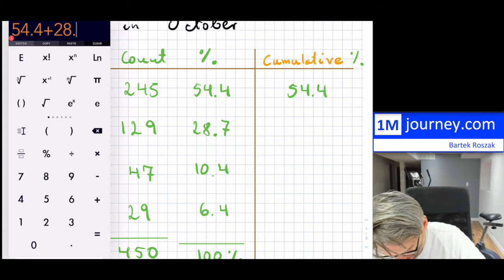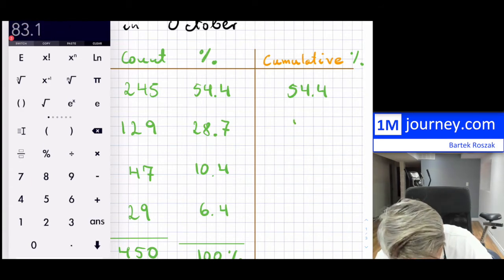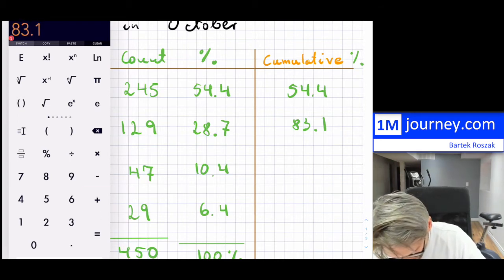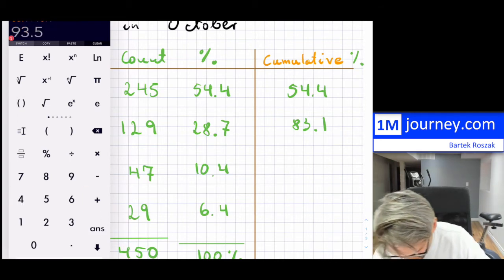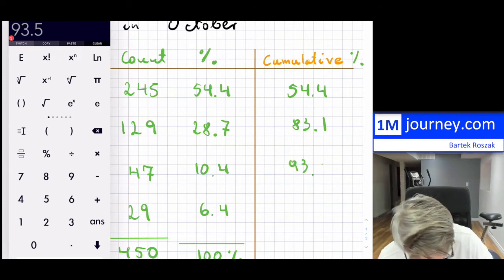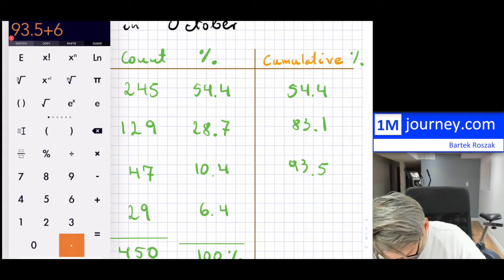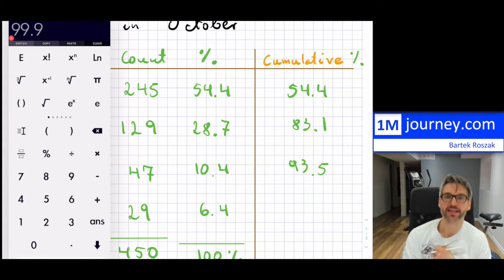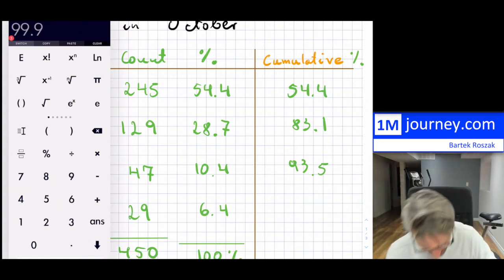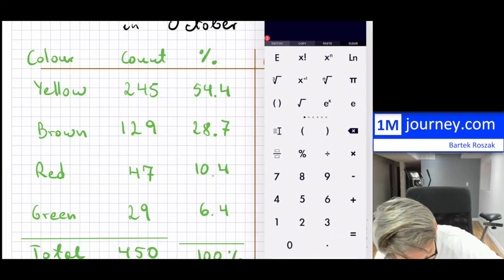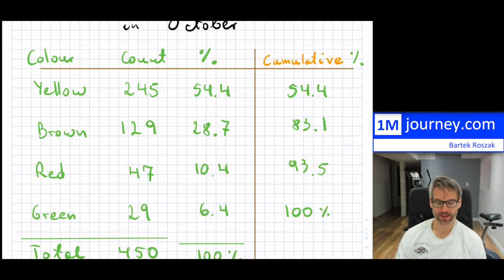Plus 28.7, so this one goes up to 83.1, then plus 10.4 is 93.5, plus 6.4, and that's going to be 99.9. Here I will round it up to 100 so that I have cumulatively all my values. Those are the cumulative columns.